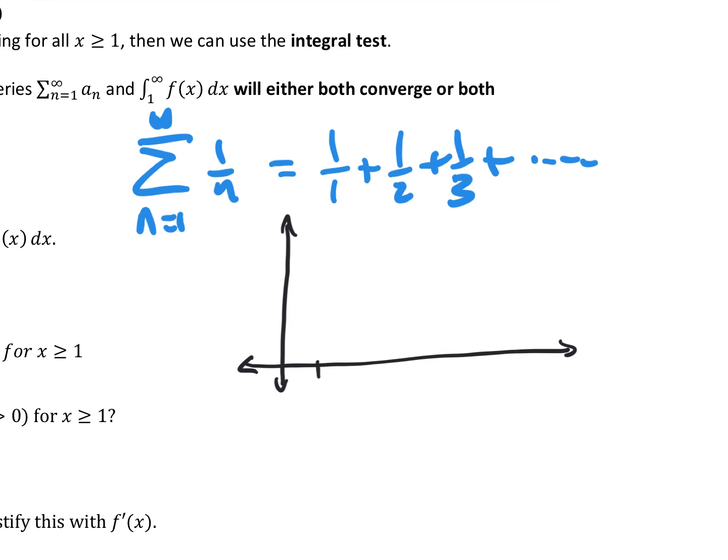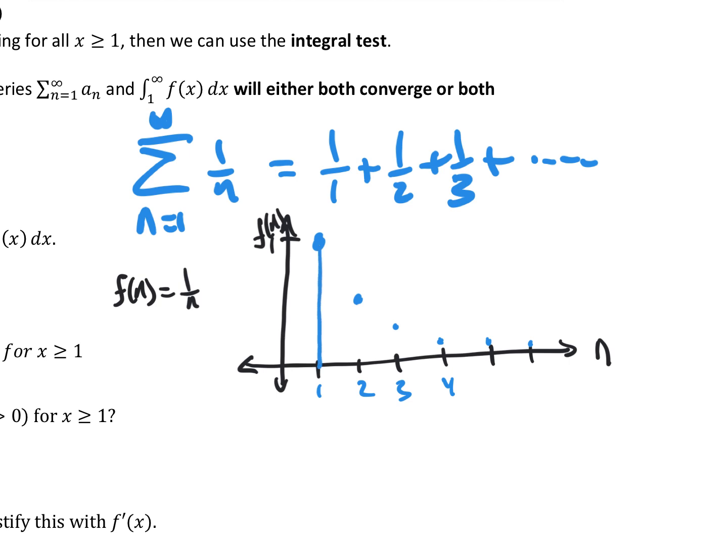Well, if we were to go to a graph, let's say, and let's call this n, and let's call this f of n, and we're going to consider the function f of n equals 1 over n. Well, if this is 1 and this is 2, so on and so forth, then we have 1/2, and we have 1/3, 1/4, 1/5, 1/6.